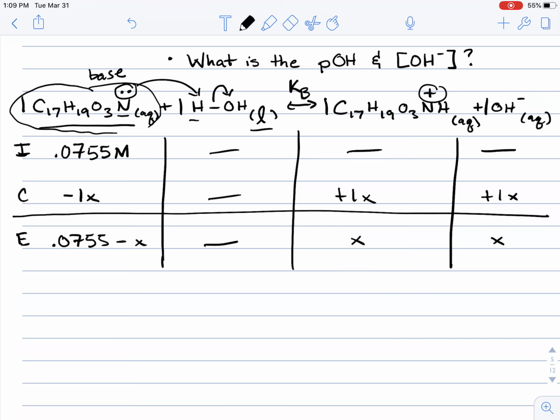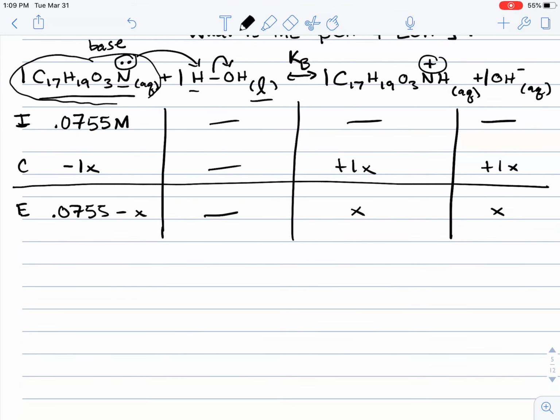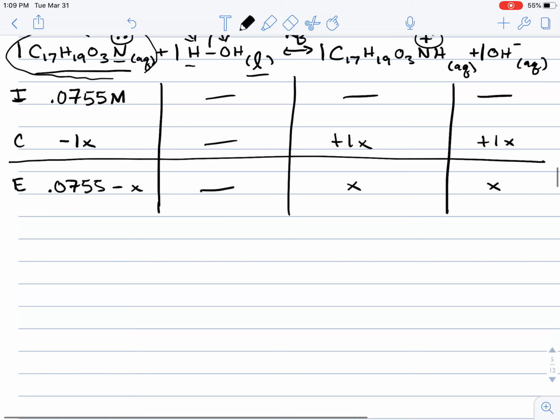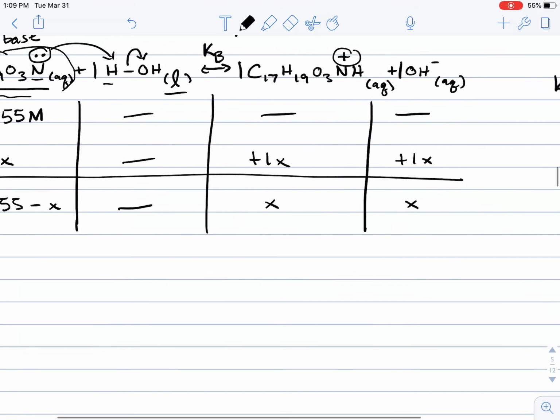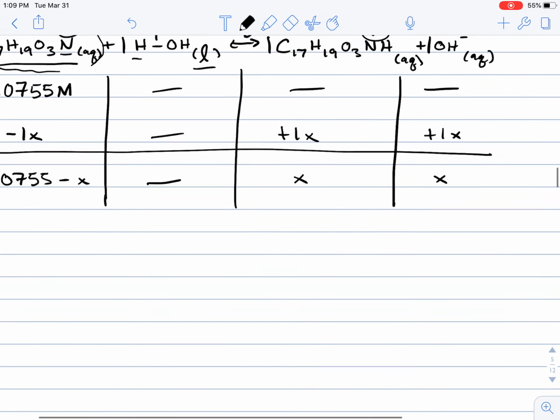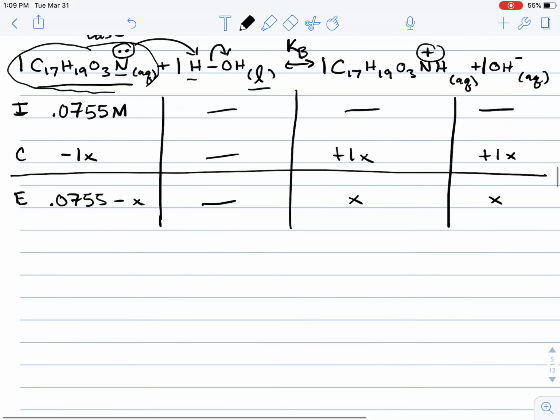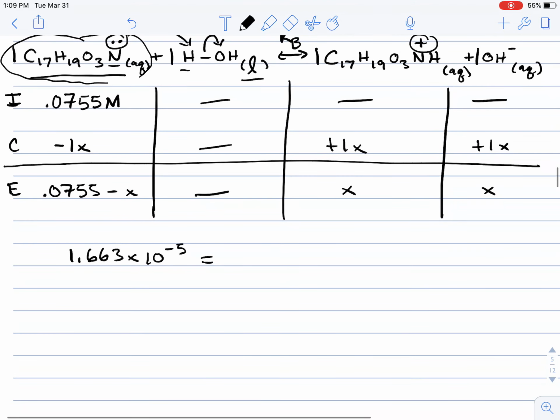Now that I have my ICE table written out correctly, I'm going to write the mass action expression, and I'm going to jump some steps here. The mass action expression is equal to Kb, and the value for Kb was 1.663 times 10 to the negative 5. That's equal to x times x, products over reactants, divided by this value.